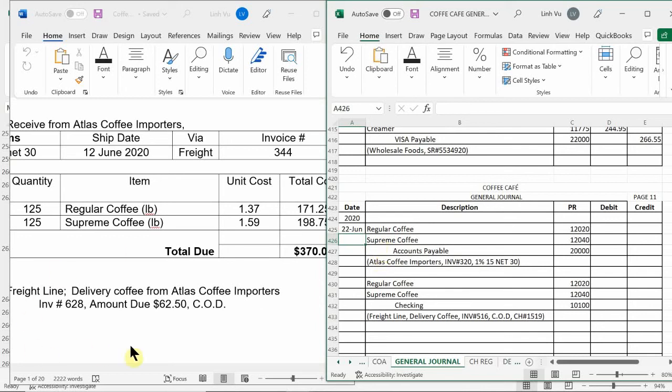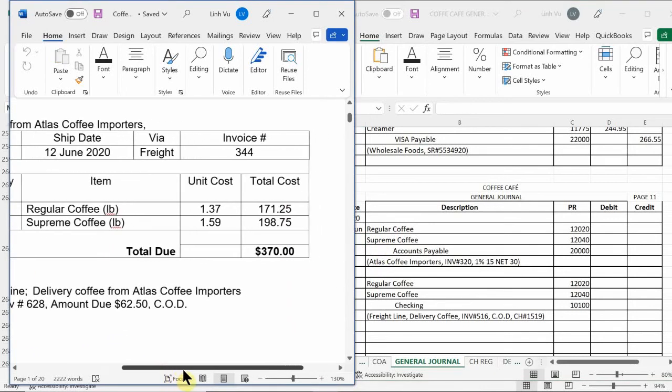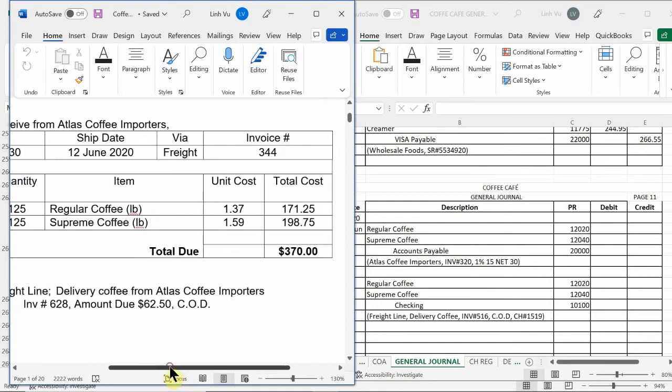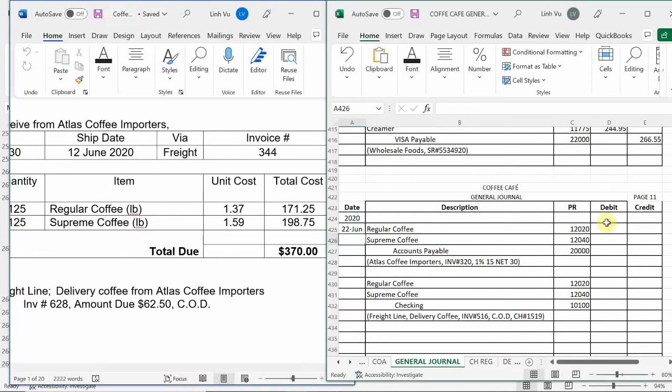So how much of each did we buy? The regular coffee is 171.25.